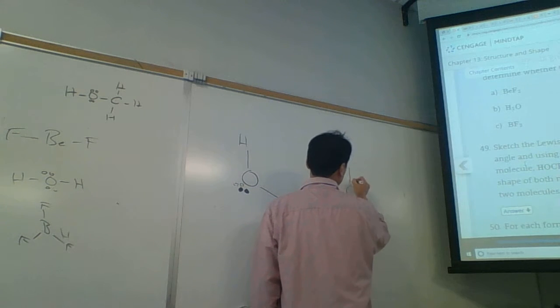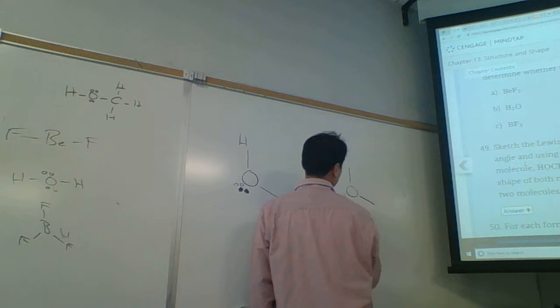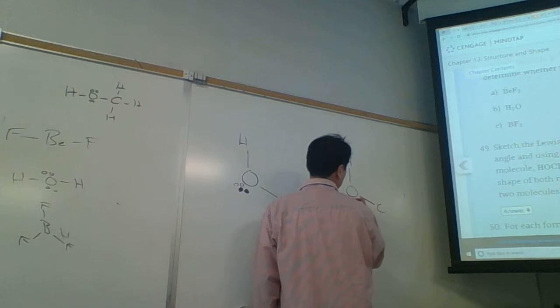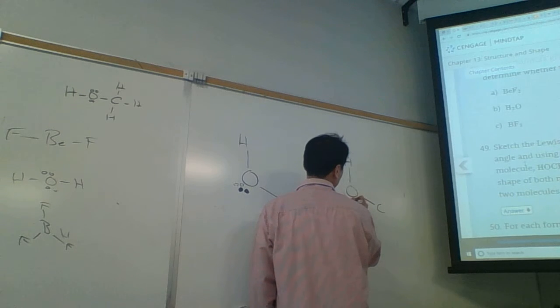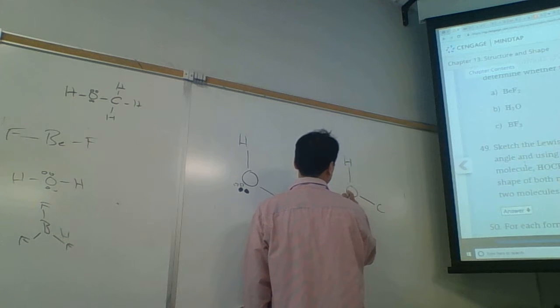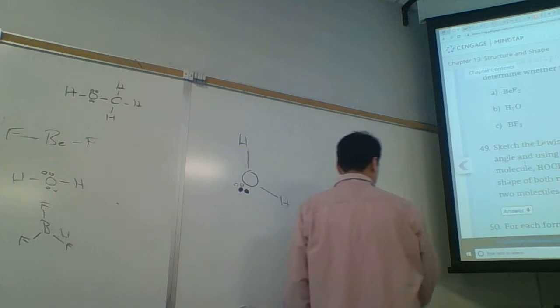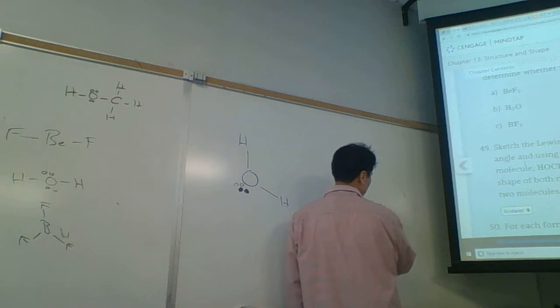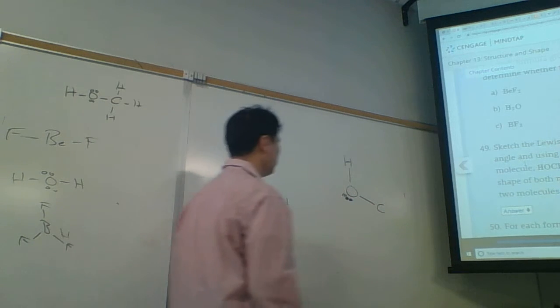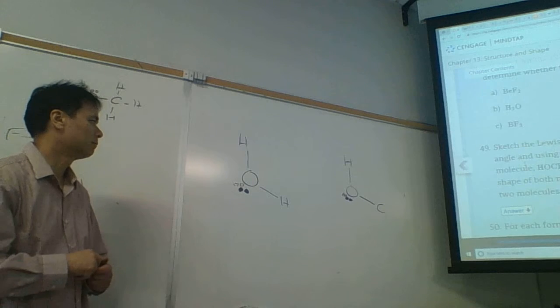I'm going to put the two bonds in the plane like this, an H here and a C here. One lone pair comes out, and one lone pair goes in. Now, what does the C have next to it? 3 H's.